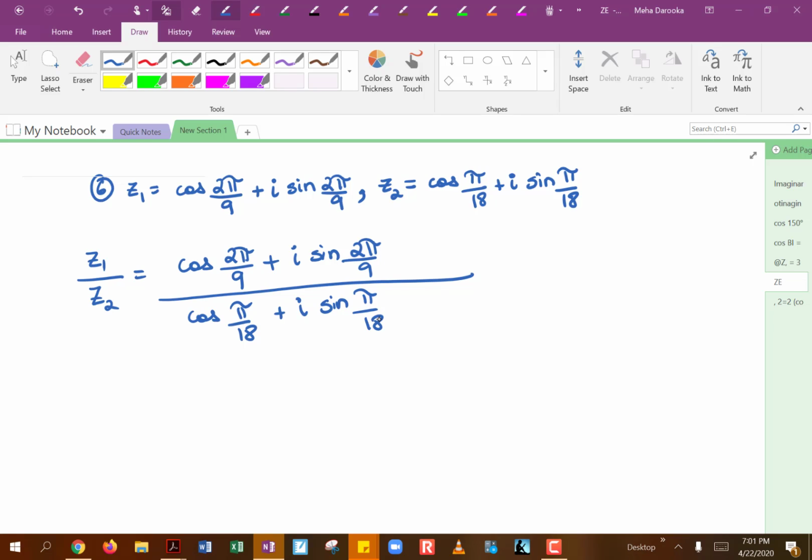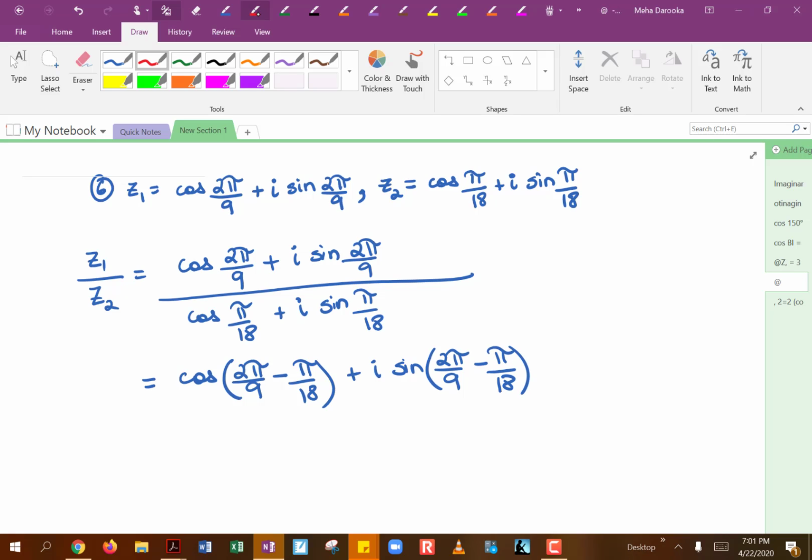Like I said, no r values in the front, so we don't have to worry about dividing those. So you can go directly into cosine of 2 pi over 9, it's always the top minus the bottom, minus pi over 18, and then plus i times sine of 2 pi over 9 minus pi over 18. So let's see what happens when we simplify that parentheses part.